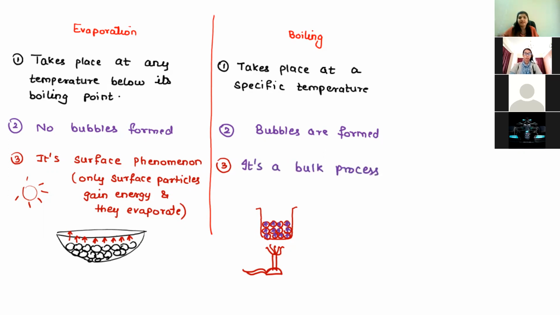So that's the reason we say that boiling is a bulk process. All the particles should gain energy. Now, based on this explanation, tell me which process is fast, evaporation or boiling?